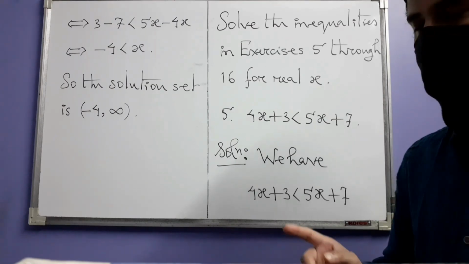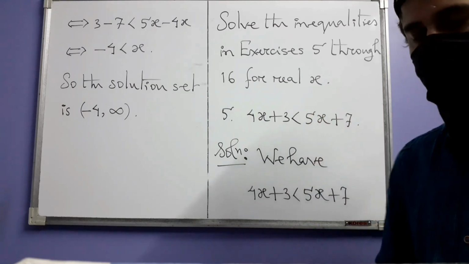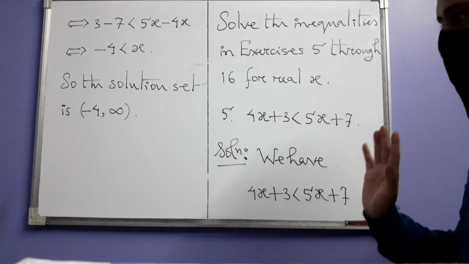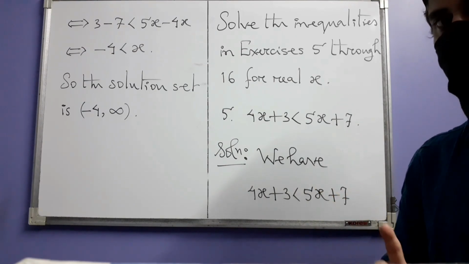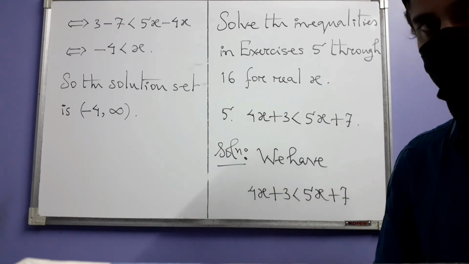Now in the next step we do two things simultaneously. We subtract 4x from both sides, and we also subtract 7 from both sides.